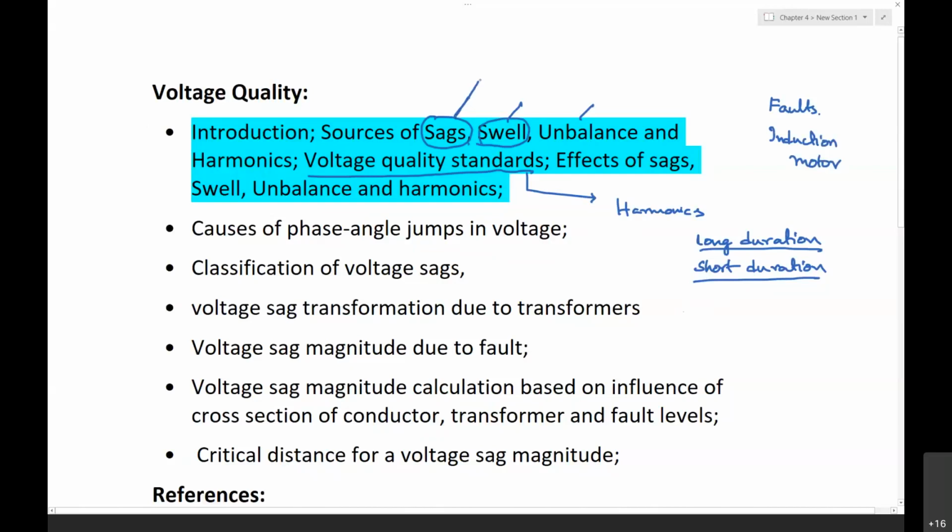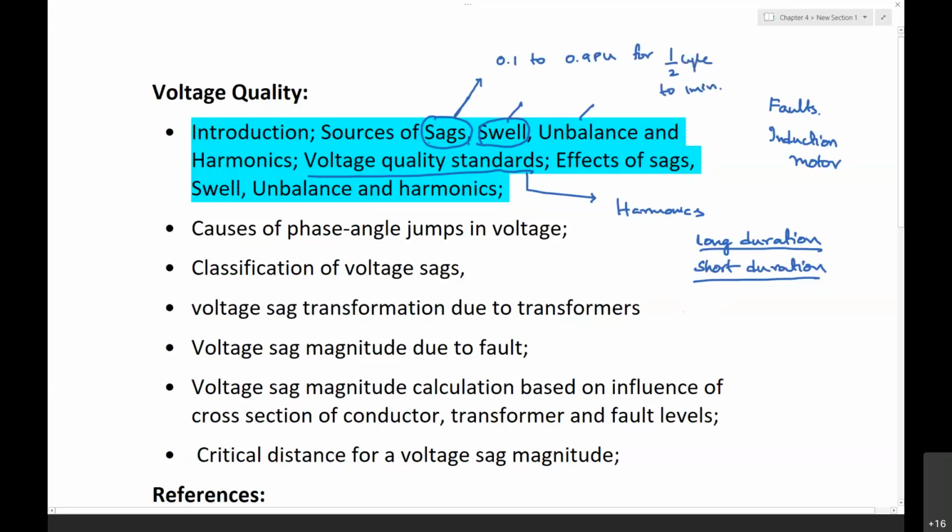The definition of the sag, with respect to magnitude, is that the voltage magnitude falls between 0.1 per unit and 0.9 per unit, for a duration of half cycle to 1 minute.